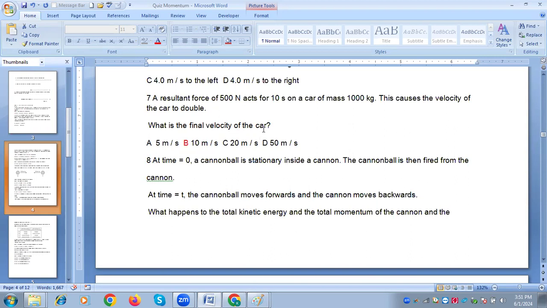So we'll have to suppose here. Initial velocity, we will take u, and the final velocity is doubled, so we may take it 2u. So we will first work out the impulse because we have complete data here to calculate the impulse. 500 Newton force is acting for 10 seconds.